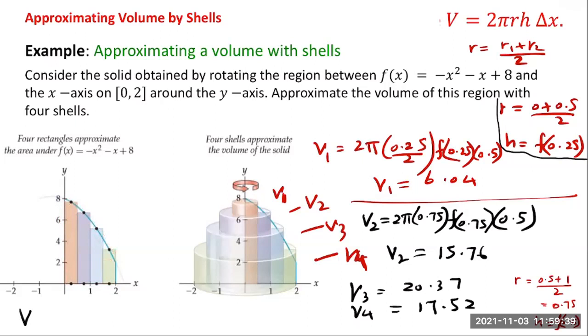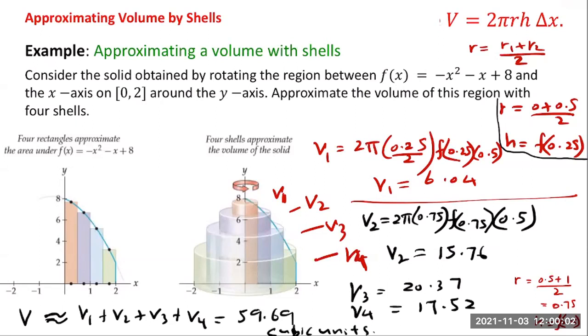So the approximation will be V is approximately equal to V1 plus V2 plus V3 plus V4, which is 59.69 cubic units. That gives you an approximation for the volume of the object that we are interested in. You add the volumes of those four shells to approximate the volume of the object. All right. Let's move on.